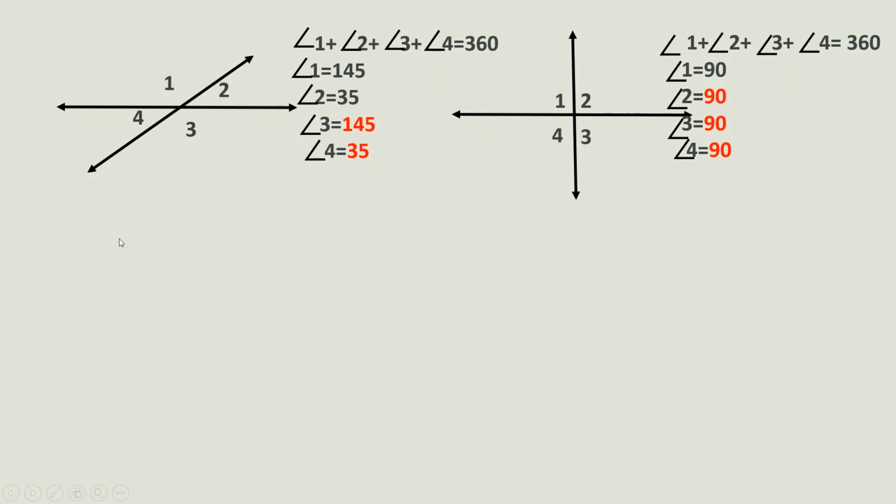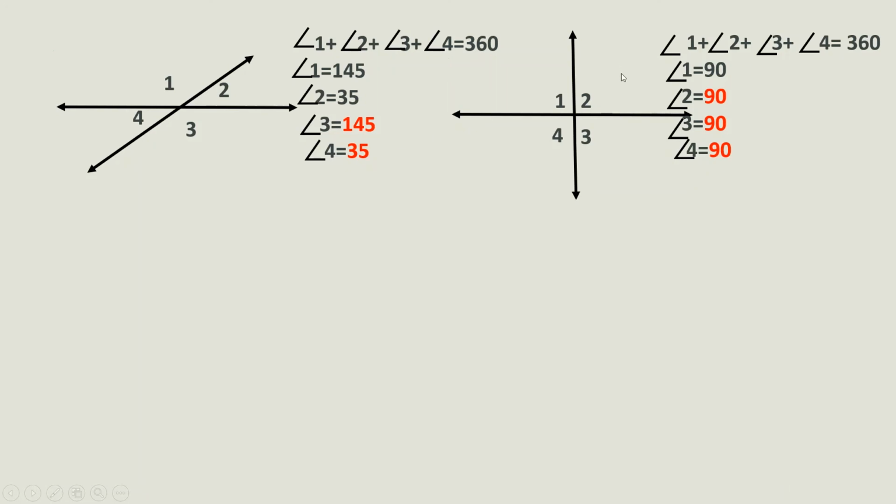In this figure, angles 1, 2, 3, and 4 give us 360 degrees. Angle 1 is 145 degrees, and angle 2 is 35 degrees. That means that angle 3 must also be 145 degrees, and angle 4 also must be 35 degrees.